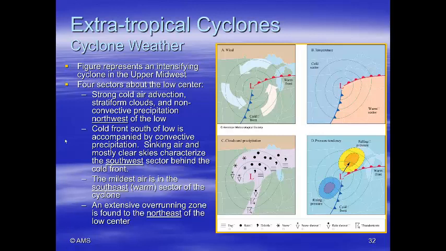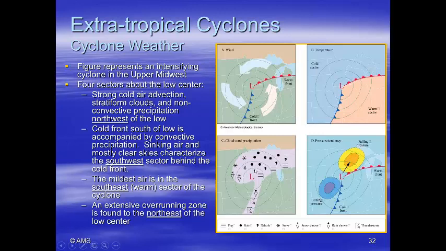The mildest air is in the southeast warm sector of the cyclone, and an extensive overrunning zone is found to the northeast of the low.